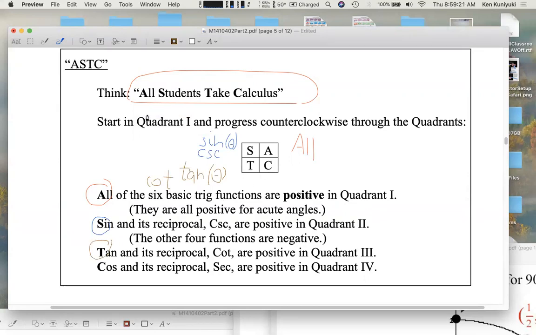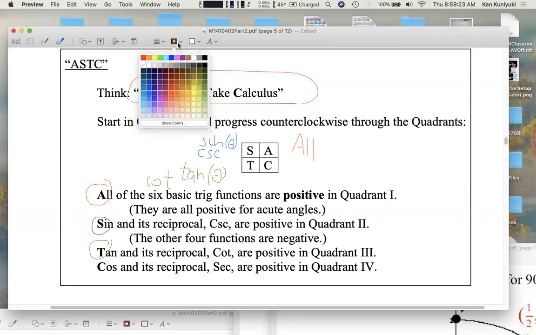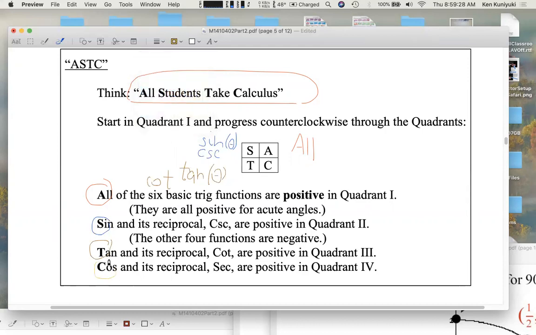And in quadrant 4, I'll put this in orange. In quadrant 4, cosine of theta and its reciprocal, secant of theta, will be positive. And the others would be negative.